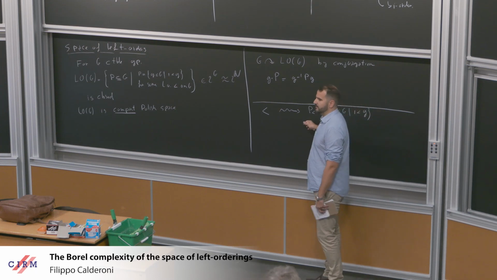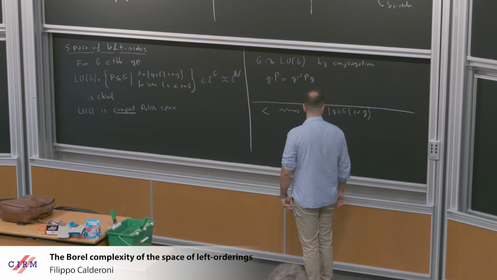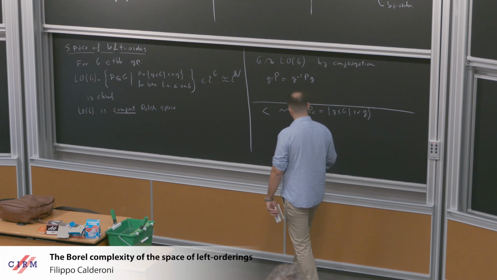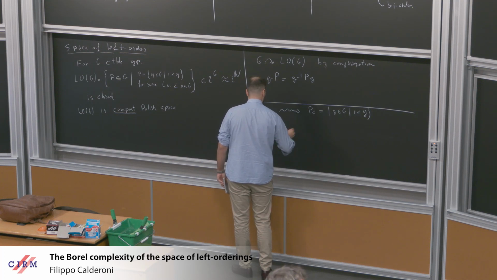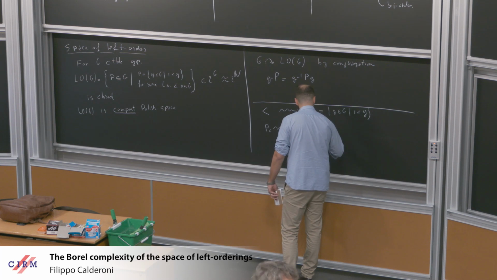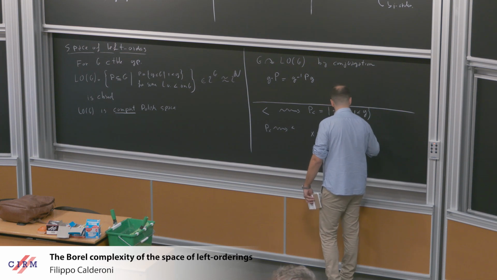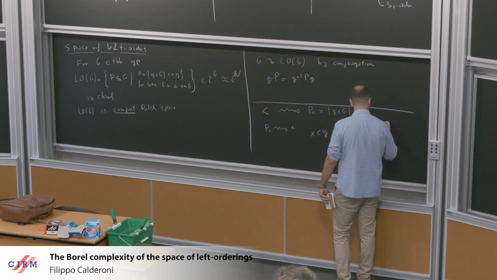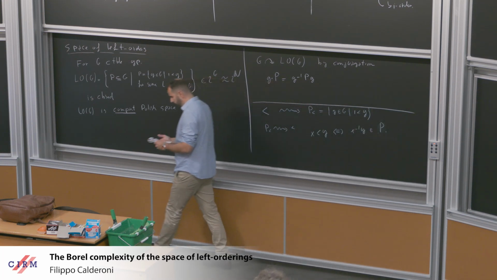If we have a suitable candidate for a positive cone, that is a sub-semigroup that partitions the non-trivial elements of the group into two parts, then we can identify a unique left ordering, by saying that x is less than y if and only if x inverse y is in P.